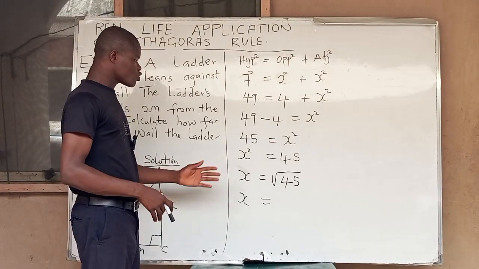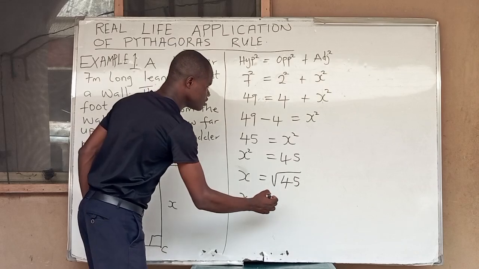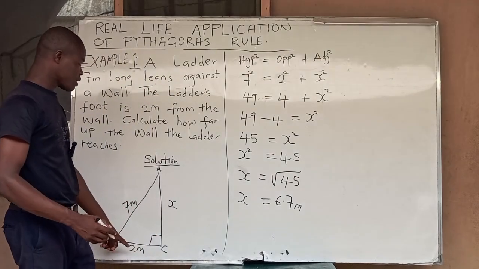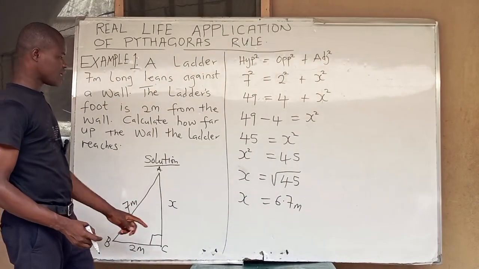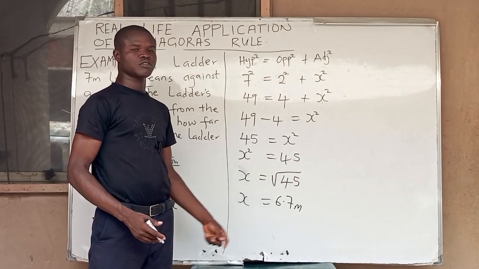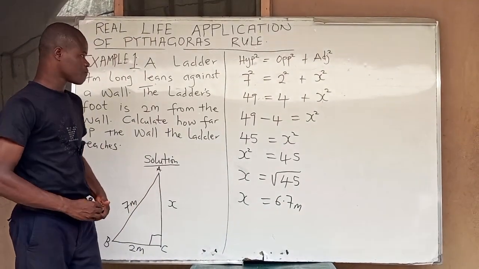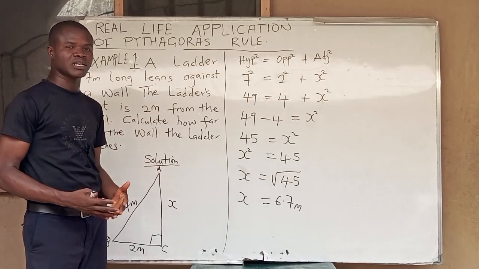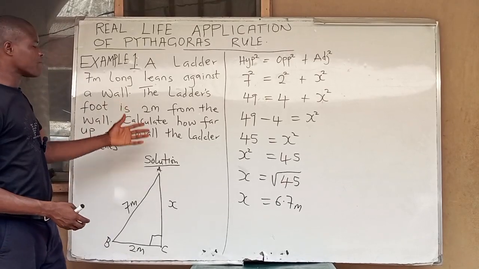The square root of 45 is equal to 6.7 meters. Remember, the units of our problem are in meters. This is one example of real-life application of Pythagoras rule. So this is example number 1.